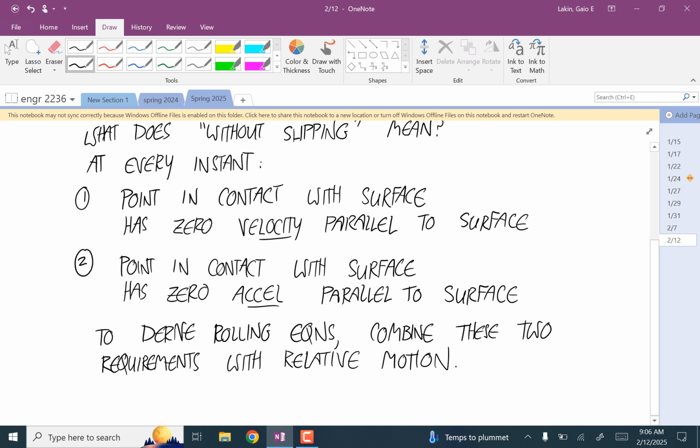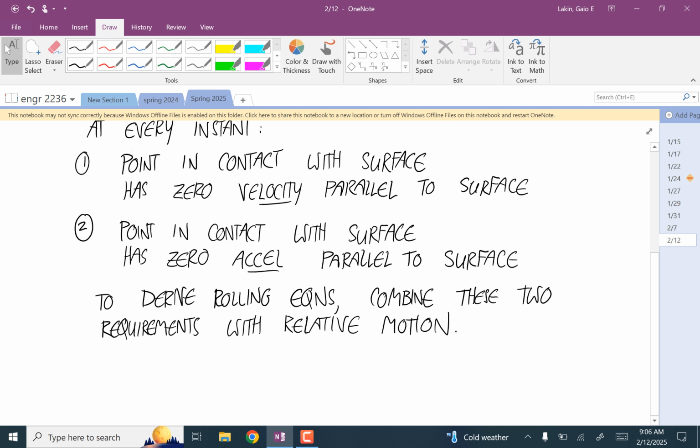And so you can always think of the acceleration of any point on a wheel or a disc, whatever that's rolling along a surface. You can do that calculation as the acceleration or velocity of the center of the wheel plus the acceleration of the point on the wheel relative to the center. It's a relative motion thing.